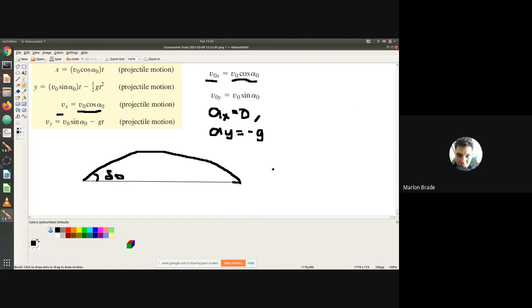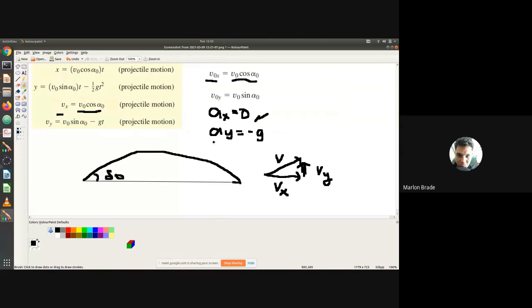If this is your v, this is your v_x, and this is your v_y, the only thing changing is v_y, because the acceleration along x is 0, which means the initial velocity and the final velocity are the same.